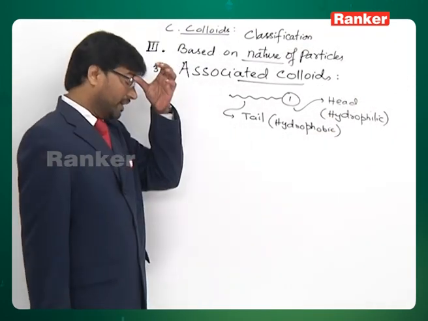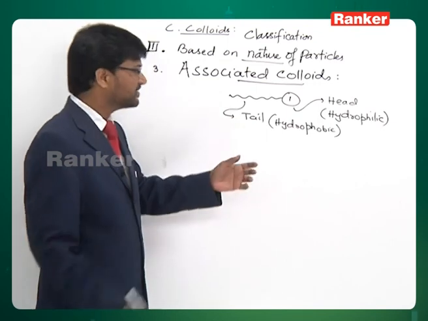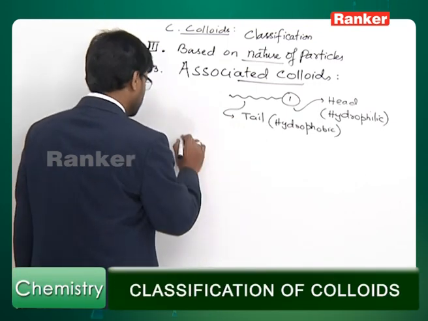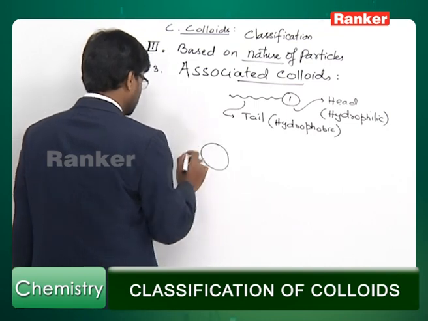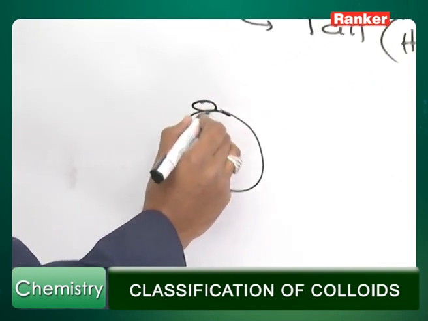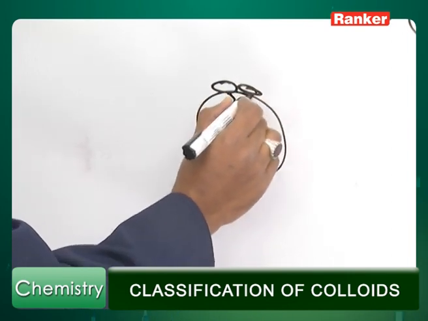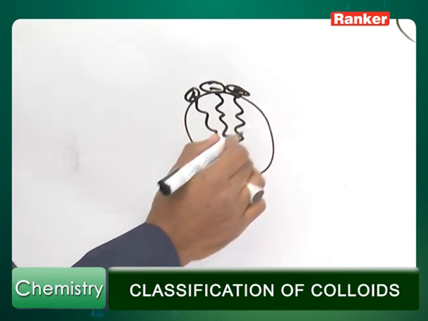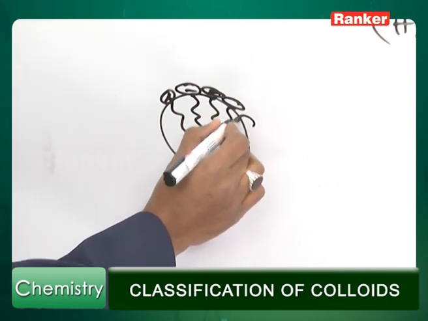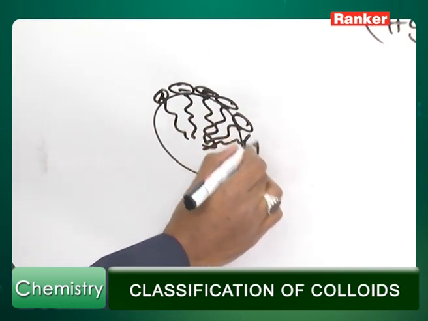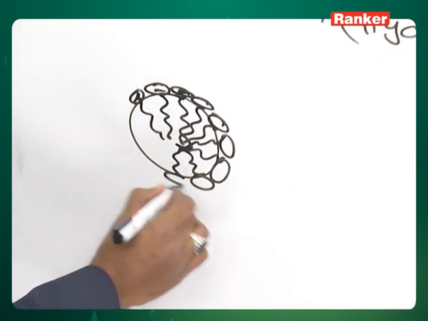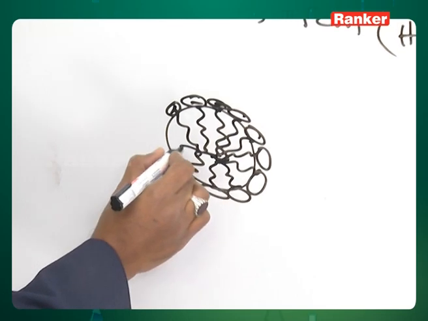Now when you have several such particles existing in water, they tend to form a spherical ball-like structure in which their tails are pegged inside and their heads are present outside. The charged heads are present outside and the tails are pegged inside, forming a spherical ball-like structure which may have 100 or more particles associated.